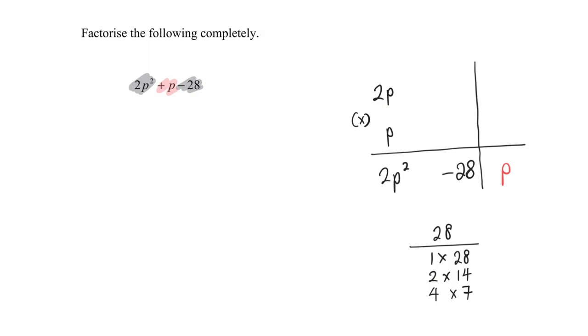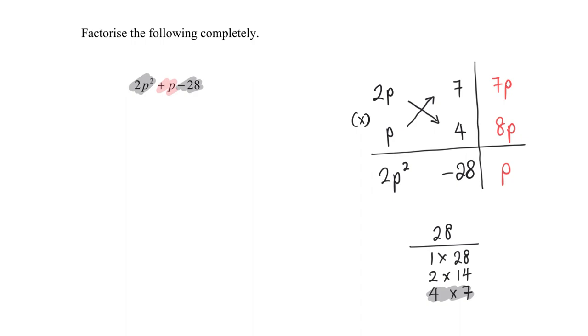And I would then need to choose a pair of the factors such that I will get 1p. And this is what I would choose, because I know that 2p times 4 will give me 8p. p times 7 will give me 7p.